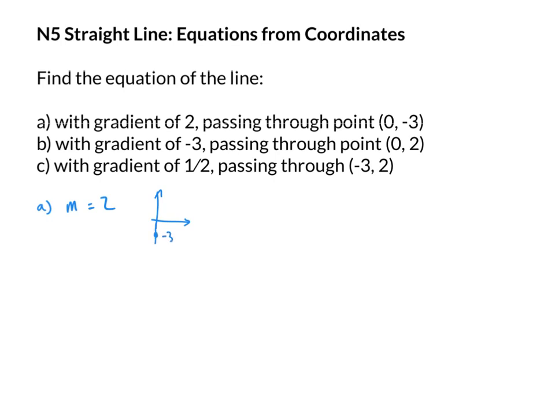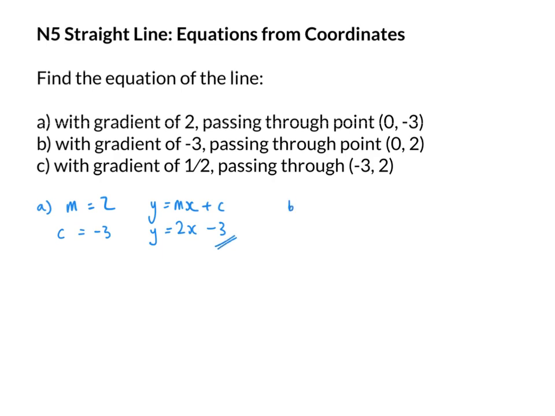So this is telling me my y-intercept, c, is equal to negative 3. I can go y equals mx plus c, so my equation of my line is just y equals 2x add minus 3. So minus 3 at the end there.